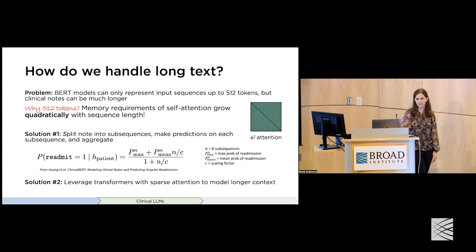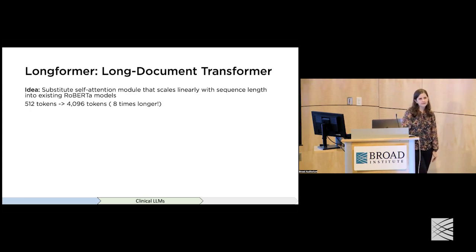Now, the other solution is, okay, let's just use a different transformer that has a sparse attention mechanism that allows us to model longer contexts. One example of this approach is the Longformer model. The idea here is to replace the standard self-attention with a self-attention mechanism that scales linearly with sequence length.